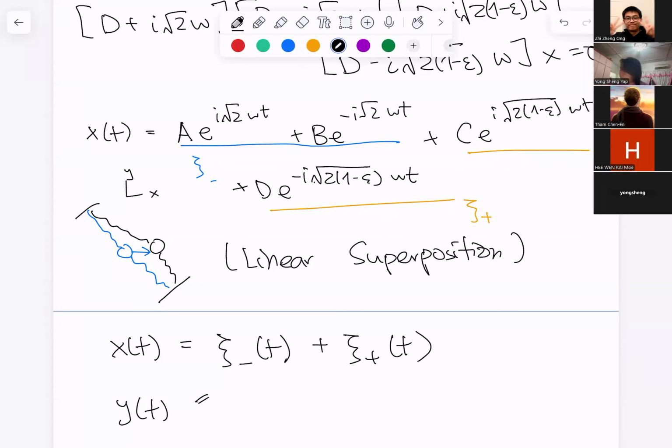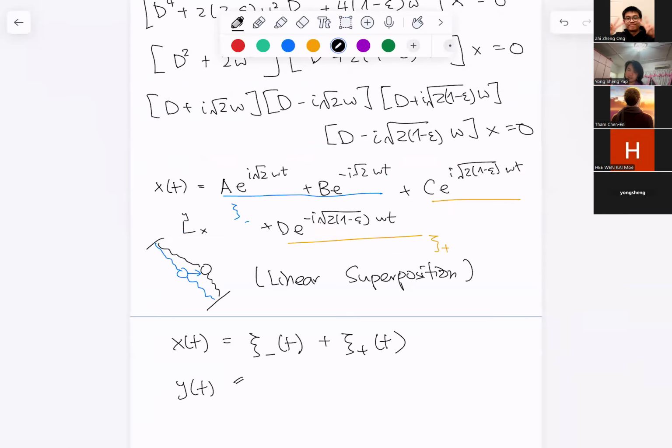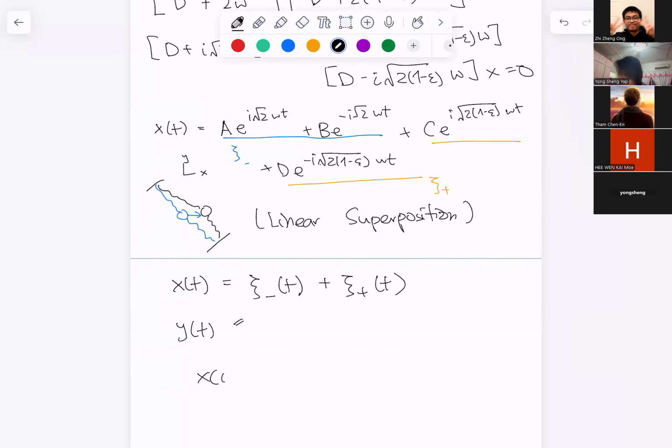So that is all I have to say about oscillation in two degrees of freedom. Now you can try to solve the equation of motion by saying, okay, what's your initial displacement, what's your initial velocities, and substitute them in, and then you can see x(t) and y(t).